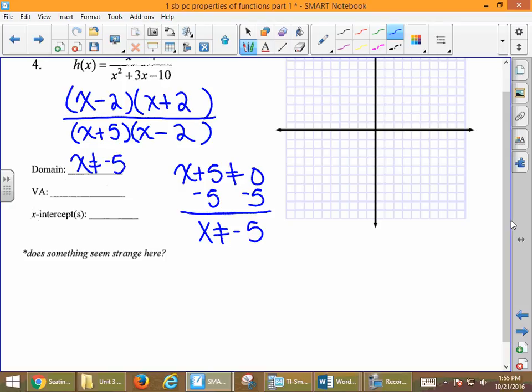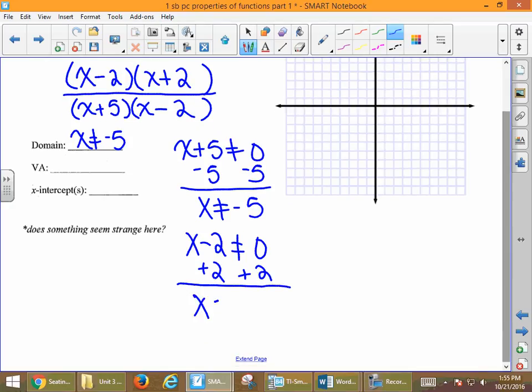We can also take x minus 2 doesn't equal 0, and add 2 to both sides, and we get x doesn't equal 2. So there's two values here for our domain.